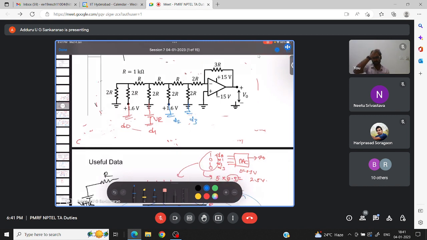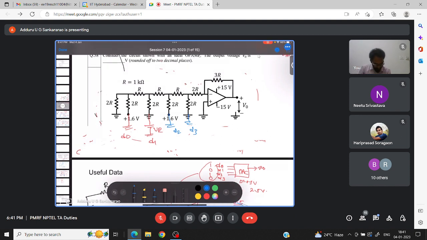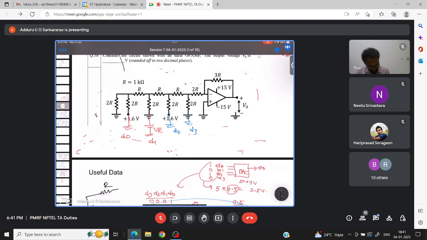Now if you see here, these two are parallel. Again the same procedure I have to follow: I have to replace the entire circuit with its Thevenin's equivalent. Since D0 is 0, the first part is connected to ground.